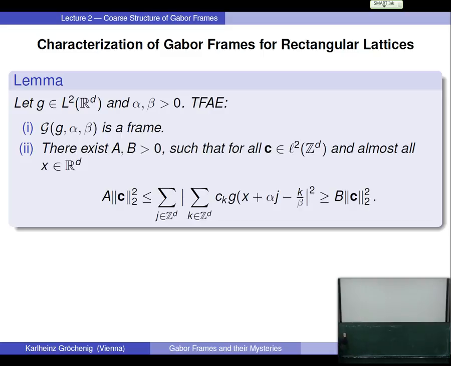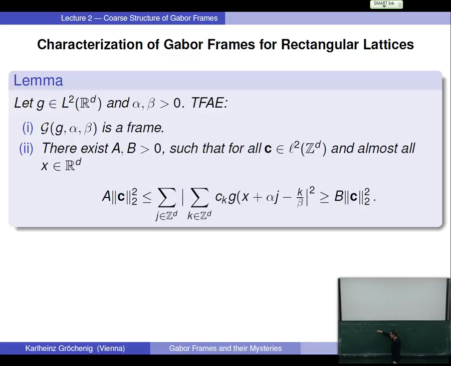Okay, suppose that we have a Riesz sequence on the adjoint lattice. Then we know that's equivalent to saying that the Gramian matrix, so that's the matrix with entries the inner products of π(ν)g and π(μ)g, μ and ν in the lattice, is invertible on L2 of Λ°.